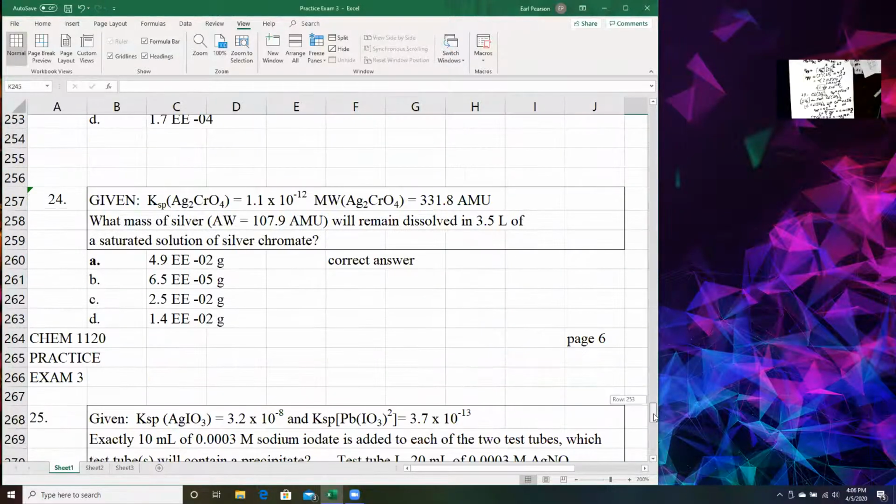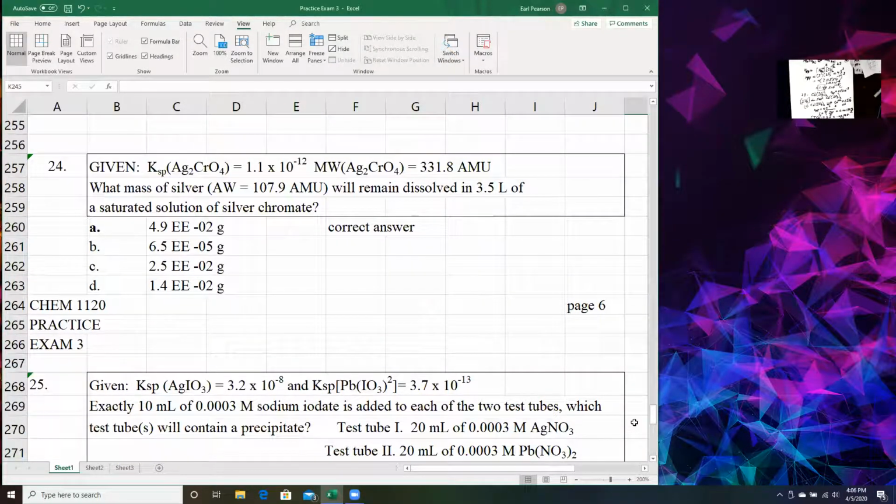24. Well, what mass of silver? And now we're going for mass. What mass of silver will remain dissolved in 3.5 liters of a saturated solution of silver chromate? Now, so this is number 24. We got A, silver chromate.